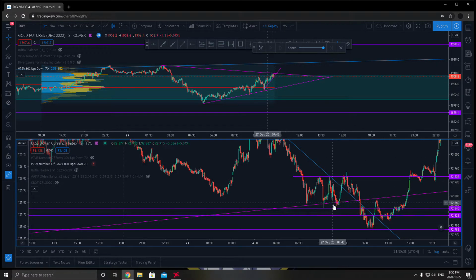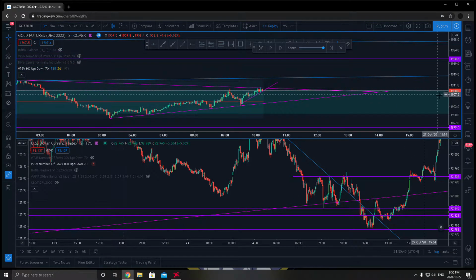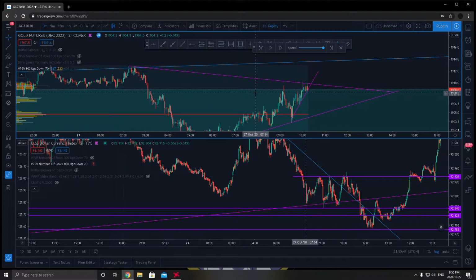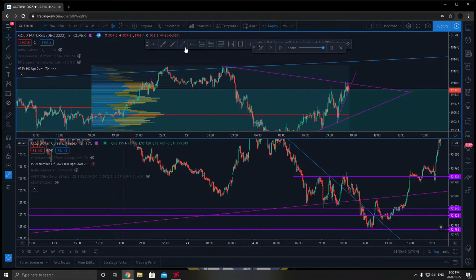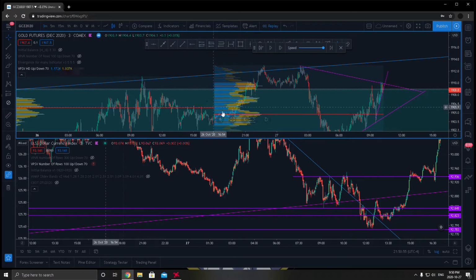So as soon as I saw this candle break out right here, I entered a trade. I entered a couple of lots, and I was in for a move back to POC, which is a 40 tick move.